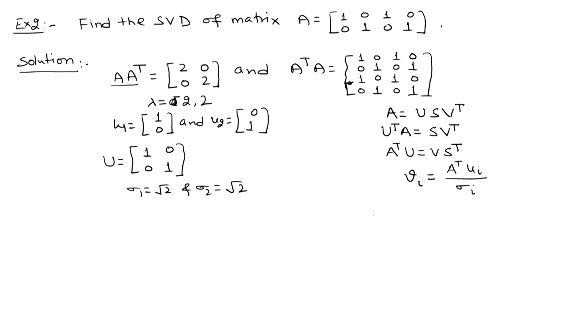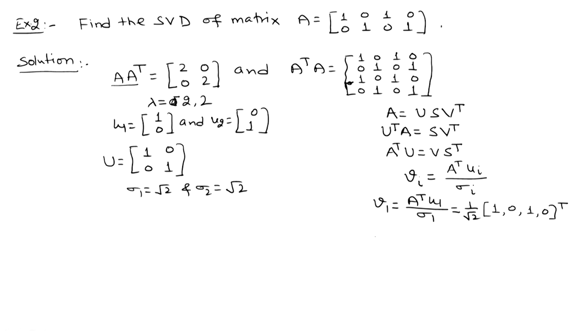So, now if I calculate V1 from here, V1 will become A transpose into U1 upon sigma 1. A is given to you, so I can calculate A transpose into U1 upon sigma 1. This comes out to be 1 by root 2 times 1 0 1 0 transpose.